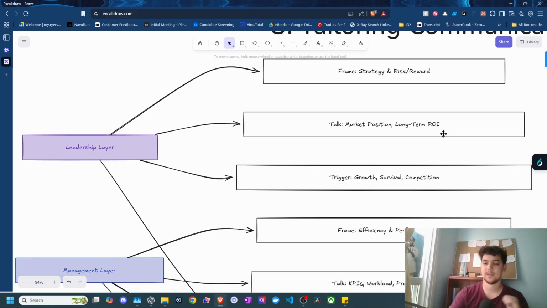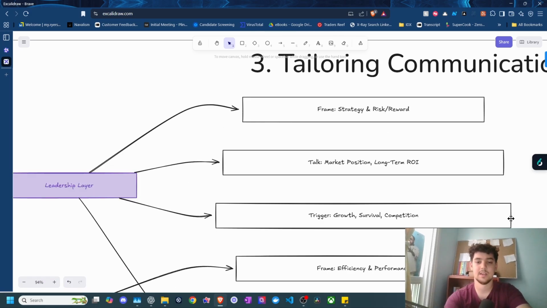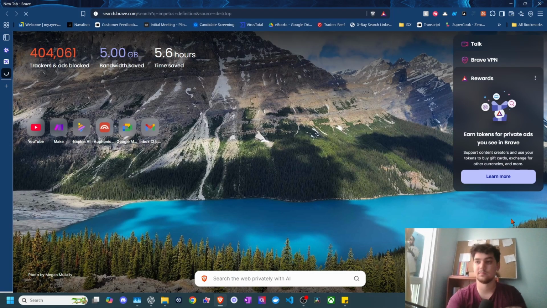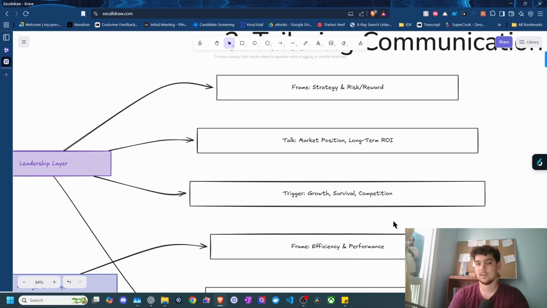It's good to note that the trigger, in this case, trigger being this kind of impetus, if you will, impetus being basically a reason for doing something, right? A stimulus that moves you to do something, in a sense. For them, leadership is associated with growth, survival, competition, right?